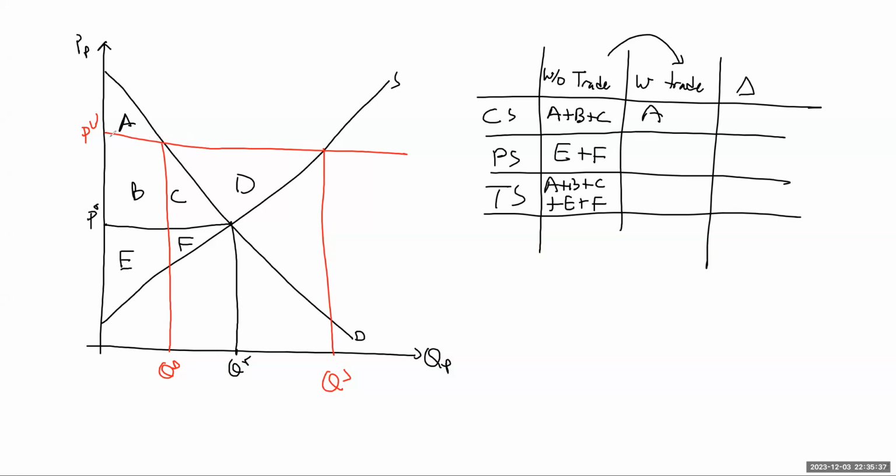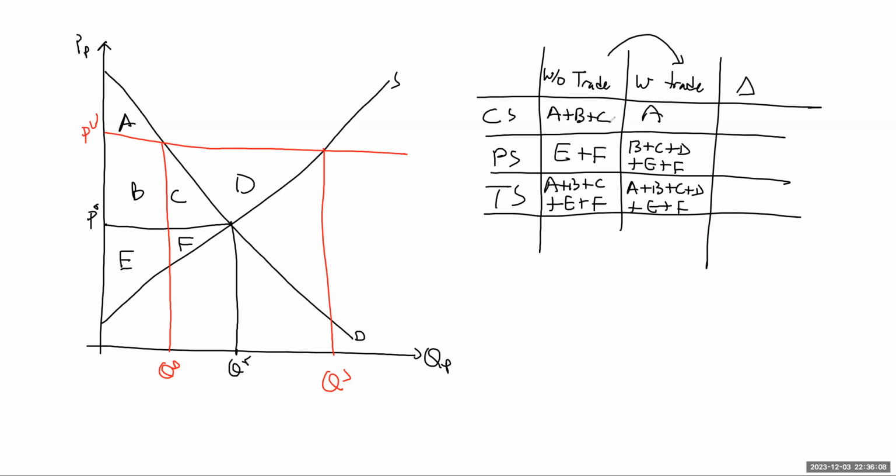It is PW, and this is demand, so it's A. Producer surplus is B plus C plus D plus E plus F. World price is the price that they charge and receive, and the supply curve, that's the area. Total surplus is A plus B plus C plus D plus E plus F.